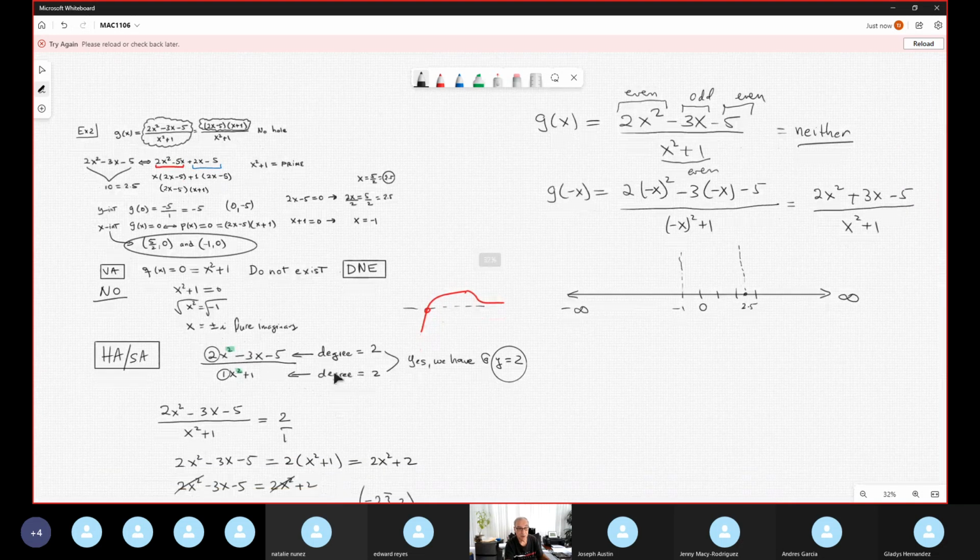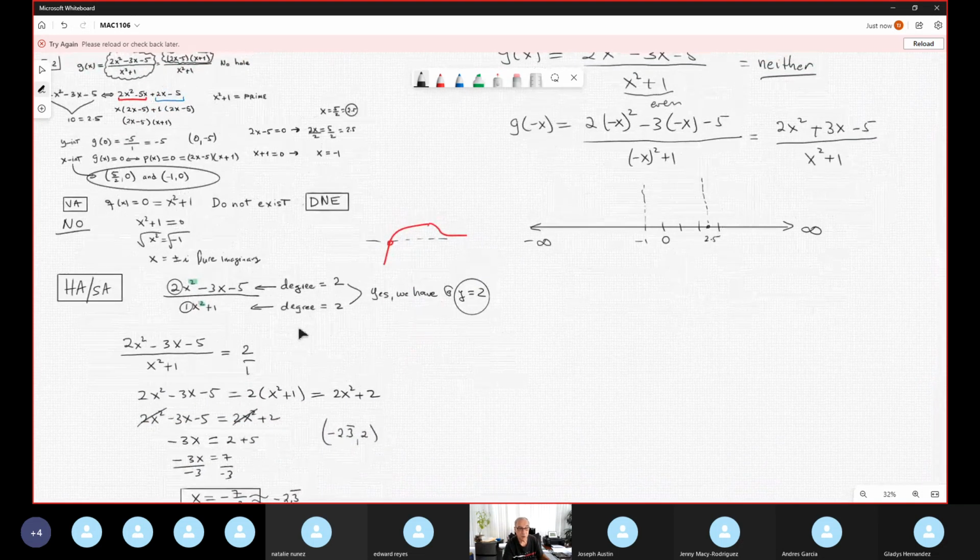However, we have an extra point, which is negative 2.3, approximately here. So I need to investigate in each interval, and you pick at least one arbitrary point.